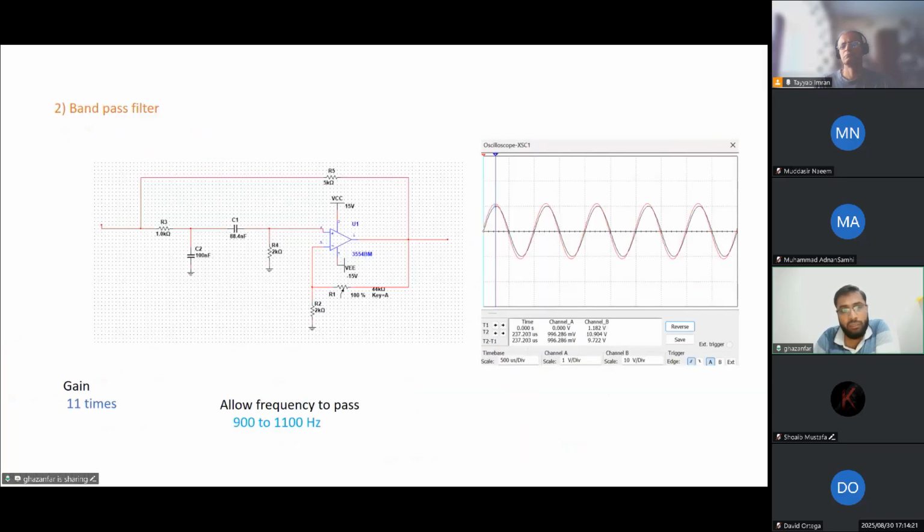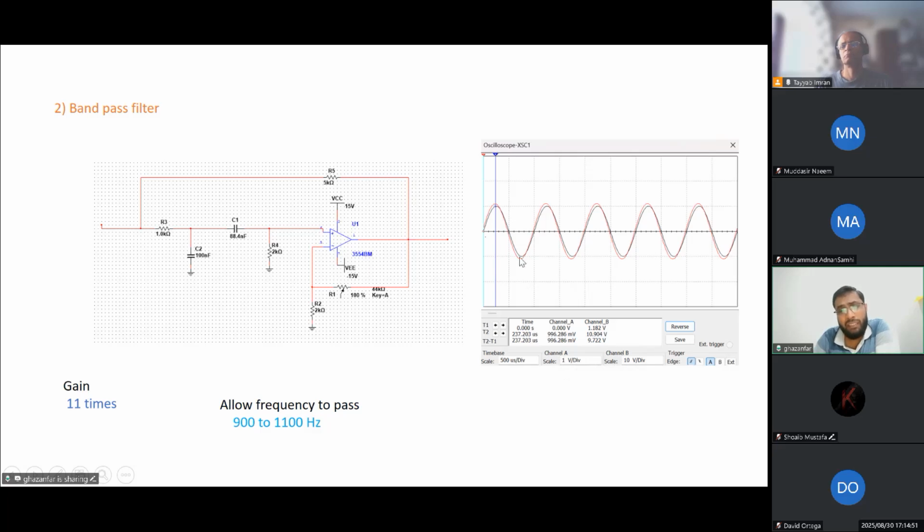So the second is the band pass filter. As you see, this is a combination of resistors, capacitors and an operational amplifier. This is the oscilloscope, which shows the waveform. In this case, channel A is set at 1 volt per division, and channel B is set at 10 volts per division.